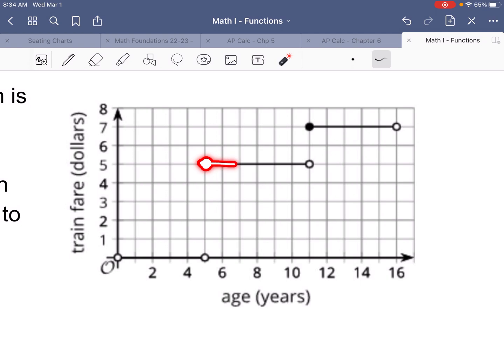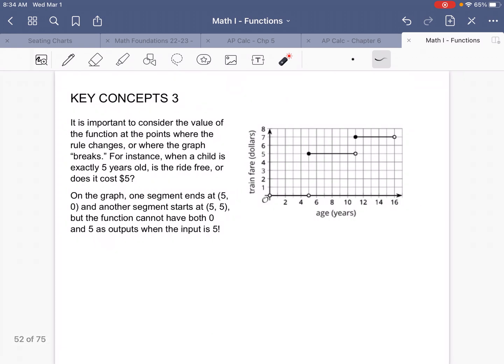So from 5 years up to 11. The moment the kid hits 11 years, we have to jump up to the next level. This open circle tells me that there's not actually a point here. I have to go up to where the solid dot is. So at 11, it jumps up to the next level. And then when you hit the age of 16, you start paying adult prices.